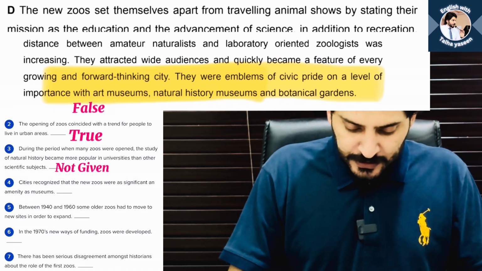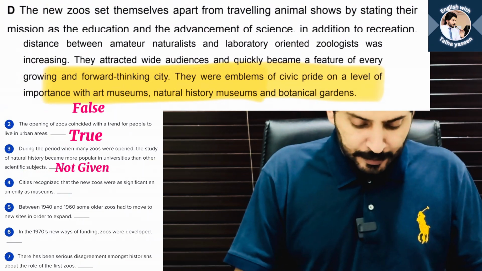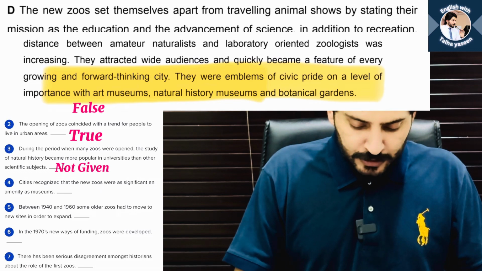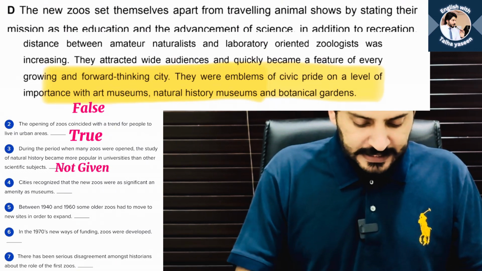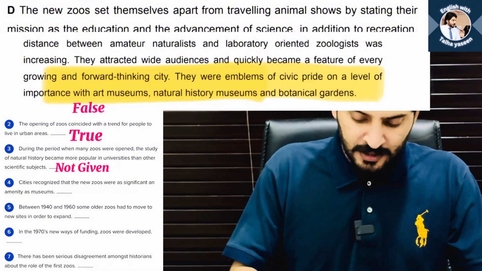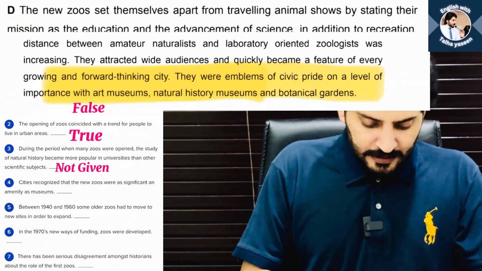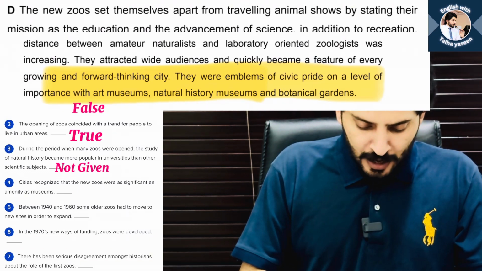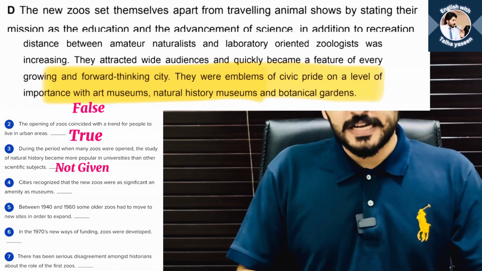Zoos presented zoology for the non-specialist, at a time when the intellectual distance between amateur naturalist and laboratory-oriented zoologist was increasing. They attracted a wide audience and quickly became a feature of every growing and forward-thinking city. They were emblems of civic pride on a level of importance with art museums, natural history museums, and botanical gardens.